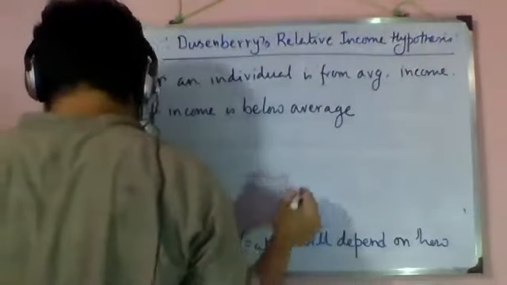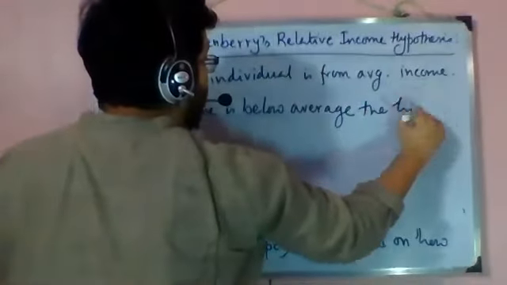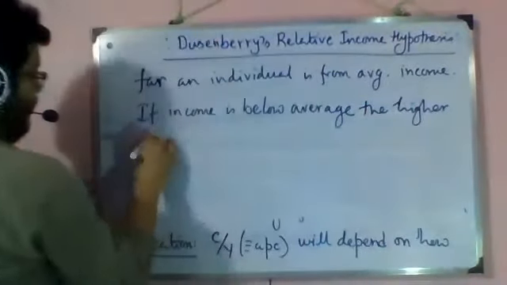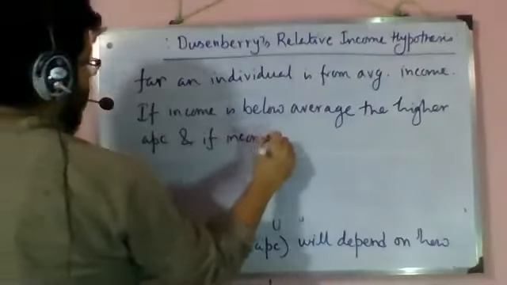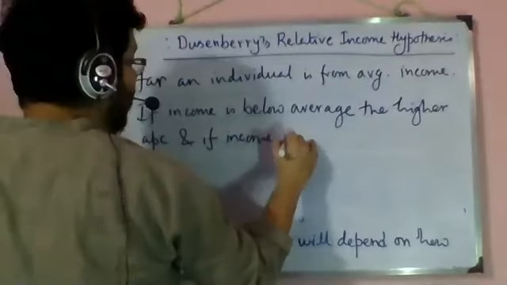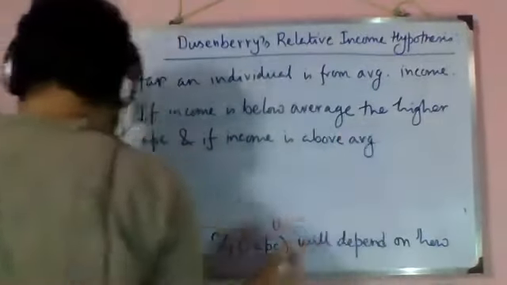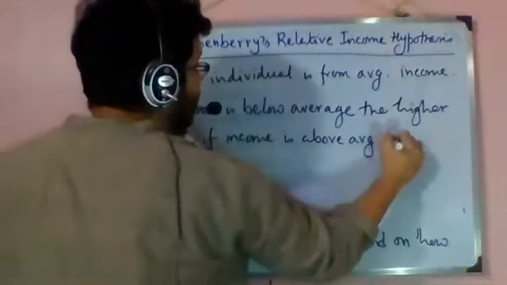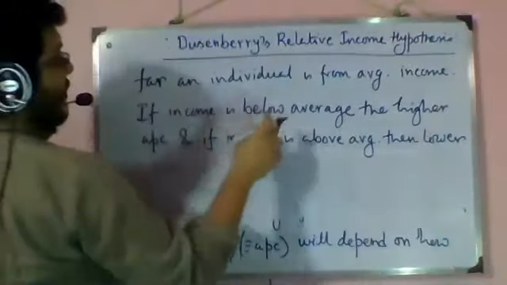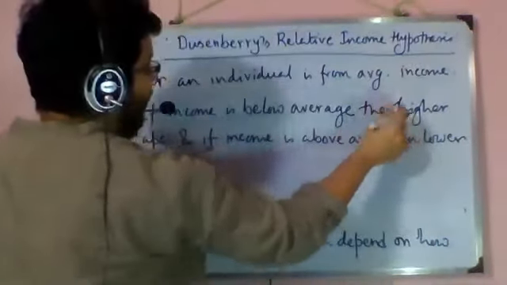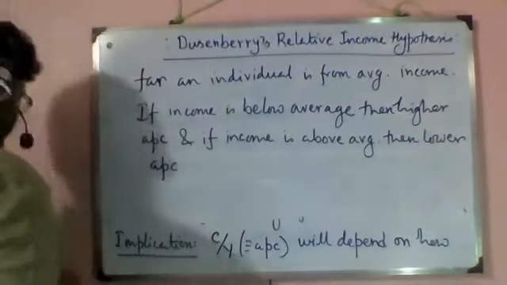So if income is below average, then higher APC, and if income is above average, then lower APC.